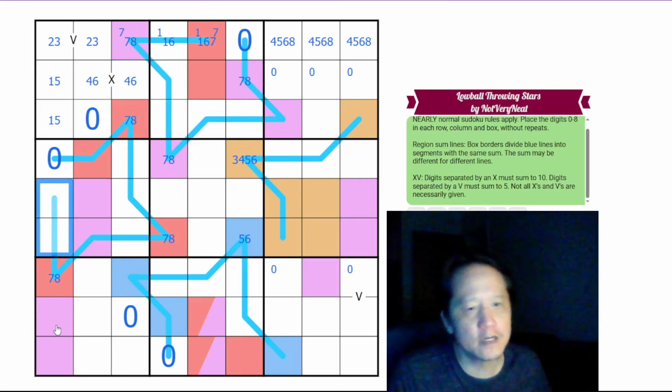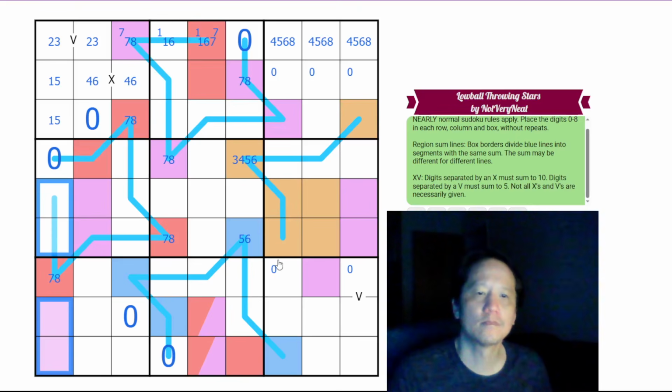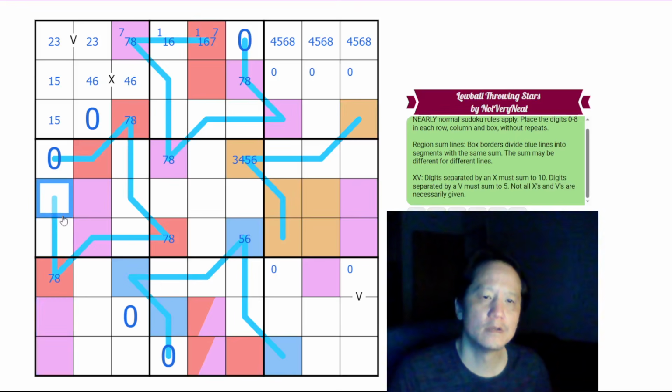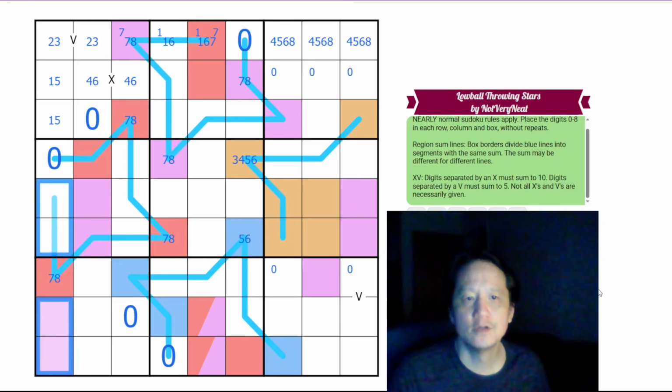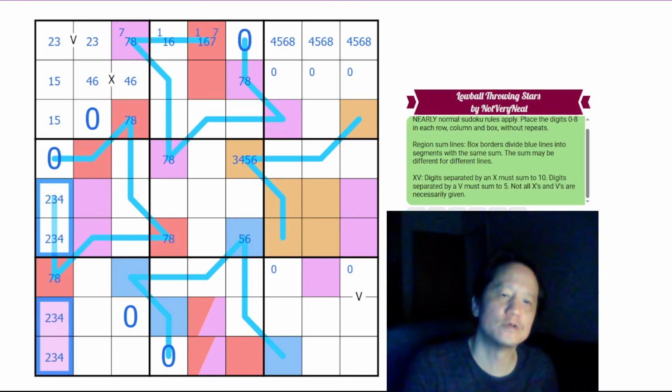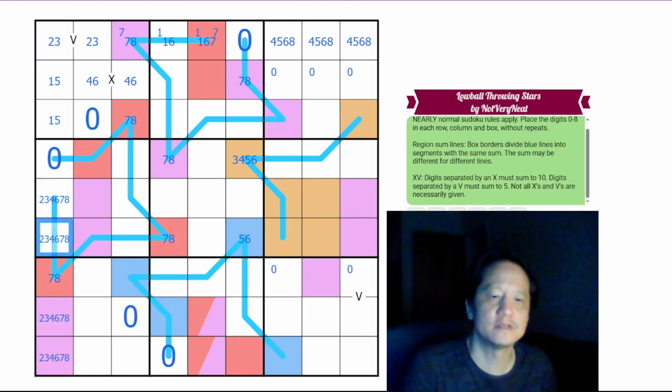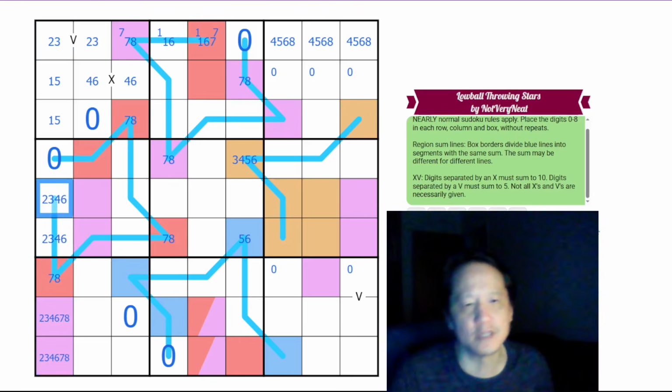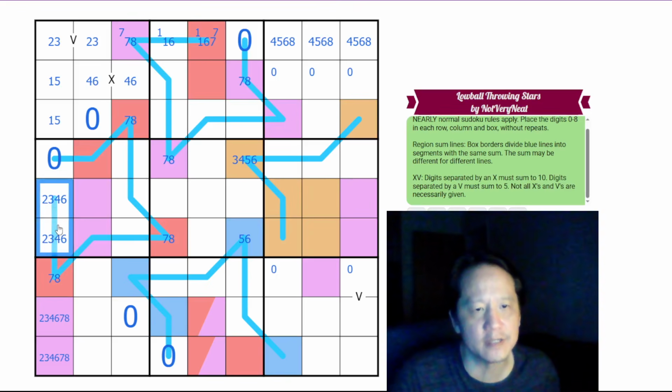Remaining digits in column 1. We have 2, 3, 4, 6, 7, 8. And obviously 7 and 8 cannot be here because they can't add up to 7 or 8 without a 1.